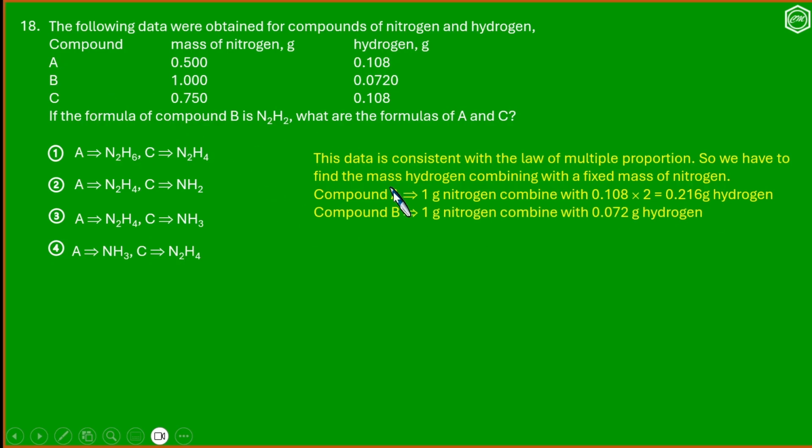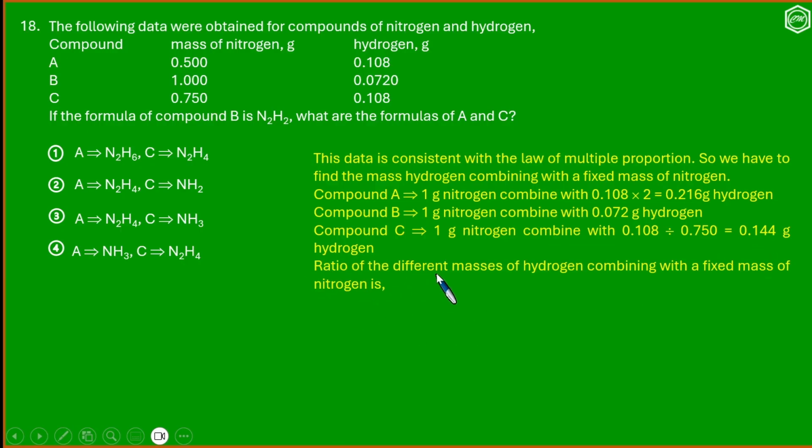In compound B, 1 gram nitrogen combines with 0.072 gram hydrogen. In compound C, 0.75 gram nitrogen combines with 0.108 gram. Therefore, 1 gram nitrogen combines with 0.108 divided by 0.750, that is 0.144 gram.